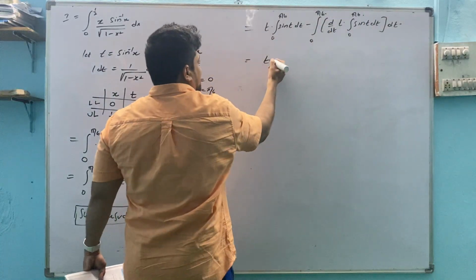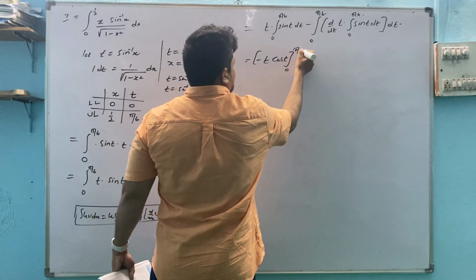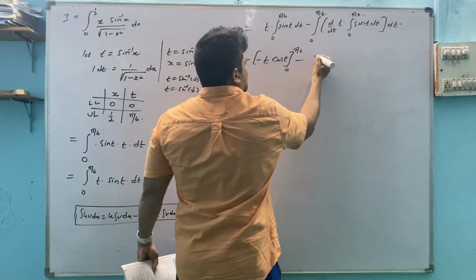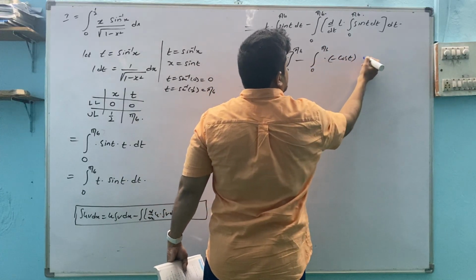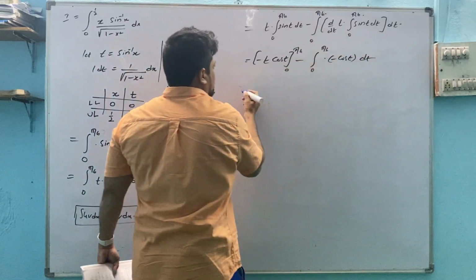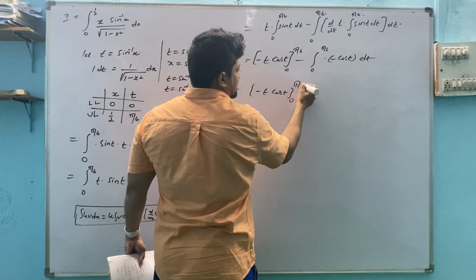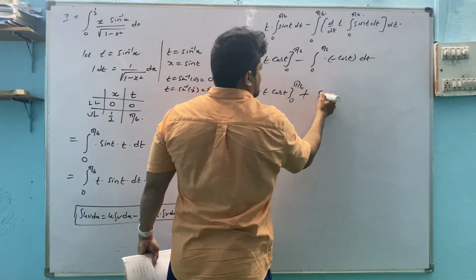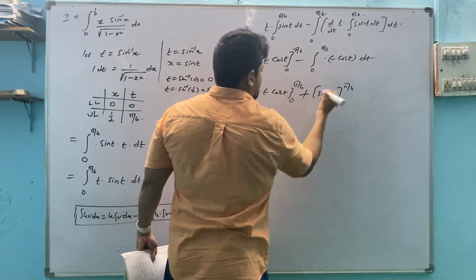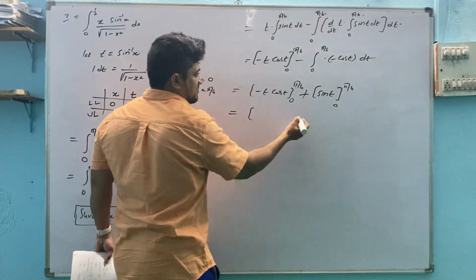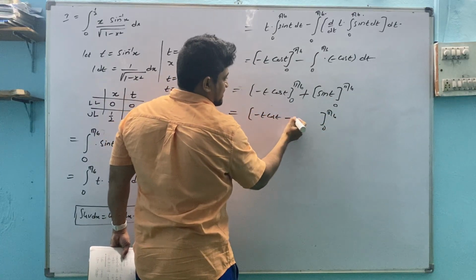t into sin t: integral of sin t is minus cos t. Derivative of t is 1, and integral of sin is minus cos, dt. Now minus into minus is plus. This is minus t cos t from 0 to pi by 6 plus integral cos t, which gives sin t, from 0 to pi by 6. Now we have total 0 to pi by 6 of minus t cos t plus sin t.